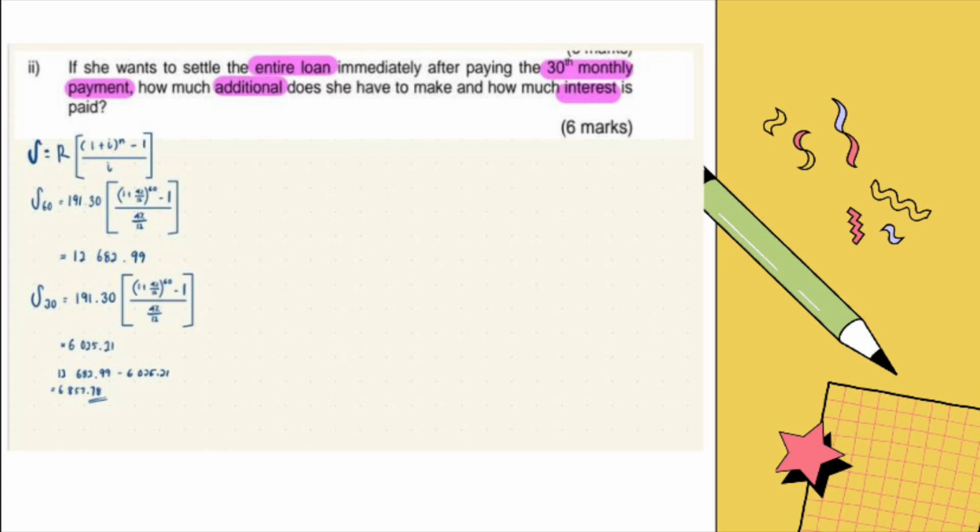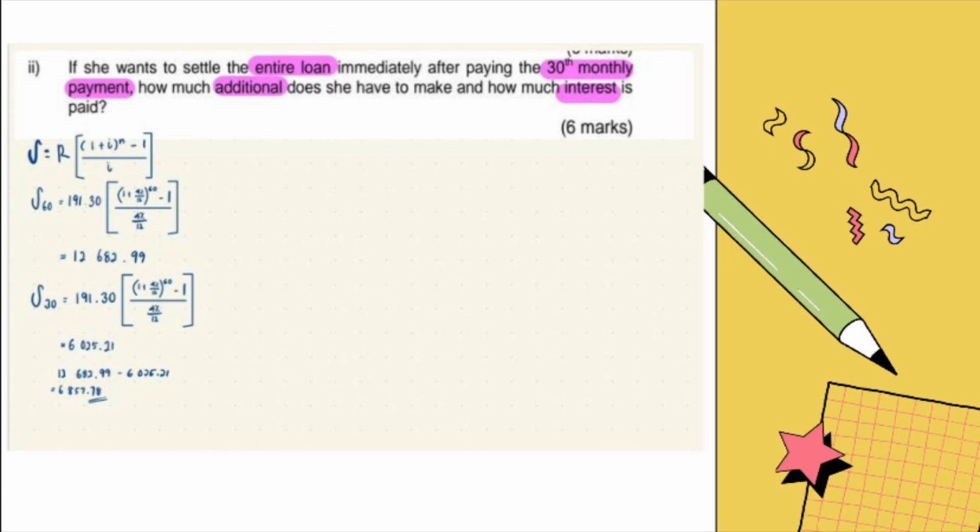12,682.99. So S30 equals 191.30 open bracket 1 plus 4% over 12, the power of 16, minus 1 divided by 4% over 12 close bracket. So the answer is 6,025.21. So 12,682.99 minus 6,025.21.